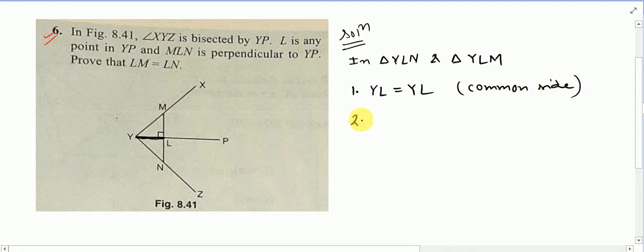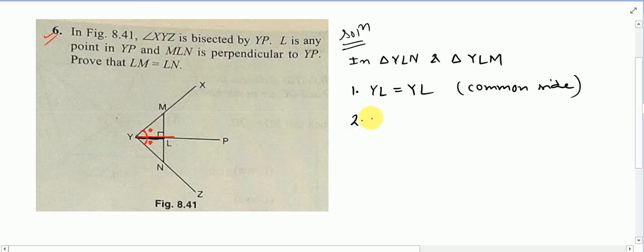Number 2, they have said that this whole angle is getting bisected by this line YP. That means this angle will be equal to this angle. Clear?